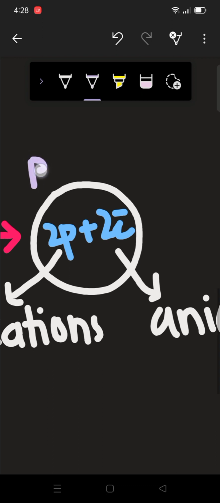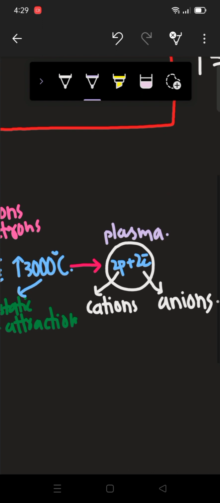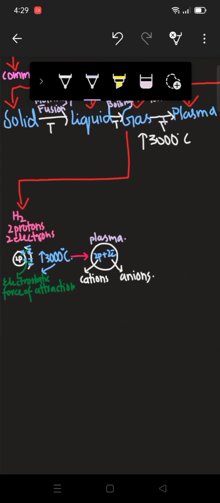And basically this is what we call the plasma, which is the fourth state of matter, which is made by providing very high temperature of up to 3000 degrees centigrade to the gas, and the electrostatic force of attraction between the proton and the electron has been broken down because of that temperature. Breaking down of electrostatic force of attraction leads to the separation of protons as well as electrons.